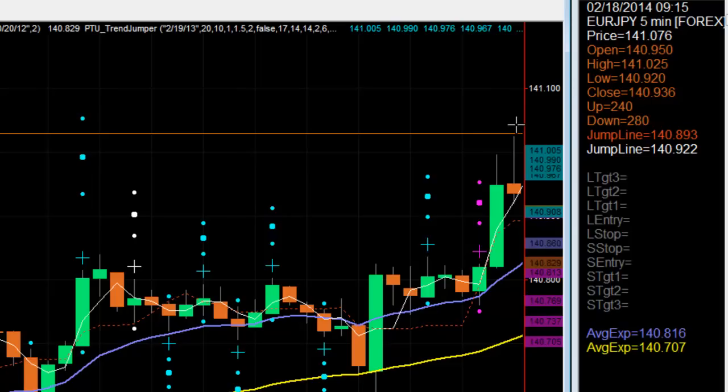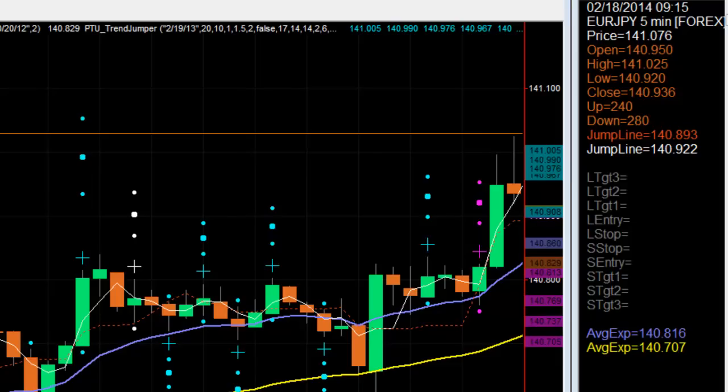Okay, when you miss a target by a fraction of a pip, maybe a little more, around a pip or so, you want to trade for profit. You don't want this to come all the way back down. So ultimately we exited this trade at 140.99 and made 11 pips on the first position.